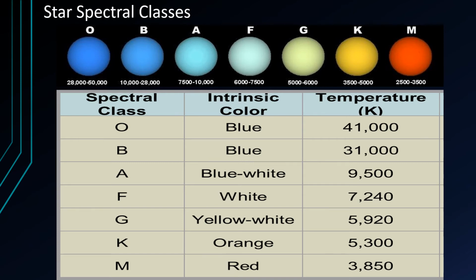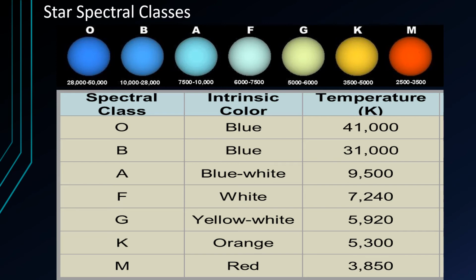Which brings us to spectral classes. So there are several spectral classes that aren't listed here, but they are kind of more of those strange stars like brown dwarfs and stuff like that. But anyway, we have different classes here depending on temperature, because as temperature goes up, we have different colors.